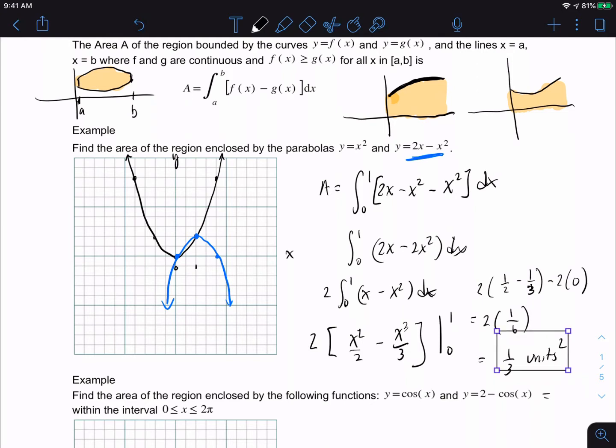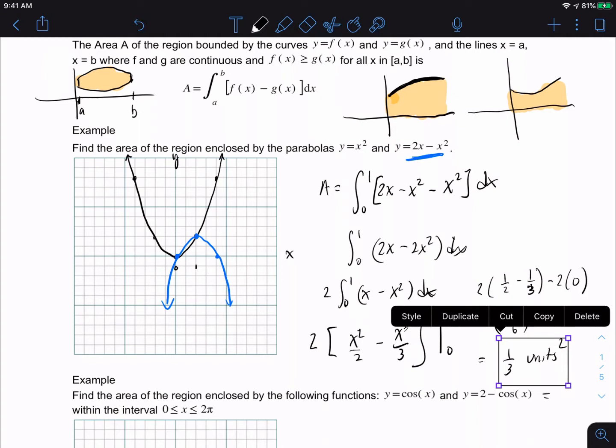So the area between these two functions is 1/3, whatever the units are, squared. We okay with that?